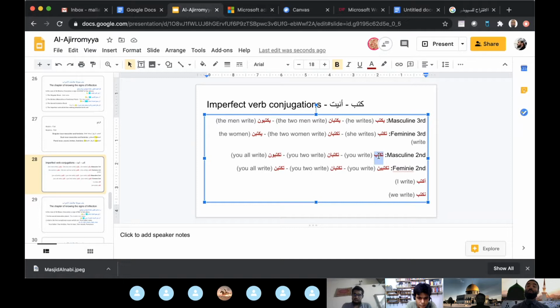However, once you understand the context of the sentence, the ta could tell you whether it's masculine or feminine, so it requires some help. That's why they don't call this ta in the imperfect verb a sign of femininity. It is a sign of imperfectness, and it can tell you something about gender only through the context, not by itself.